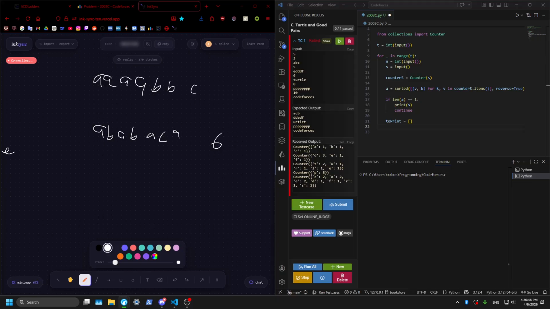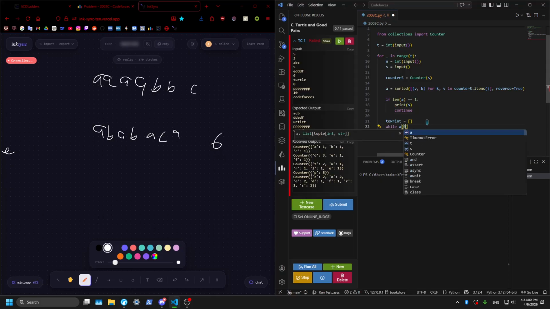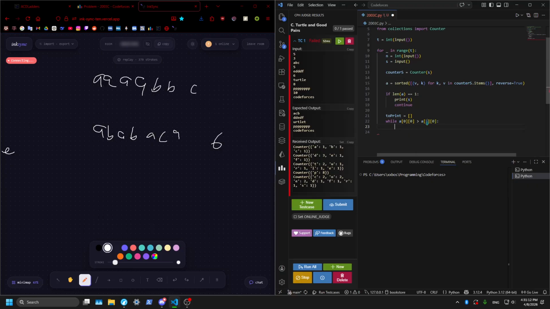Like if we have a character that's too large, we're gonna have to have characters next to each other anyway, right? Okay. Let me think. While A0 0 is greater than A1 0. So this should be checking while the greatest character is greater than the second greatest character.